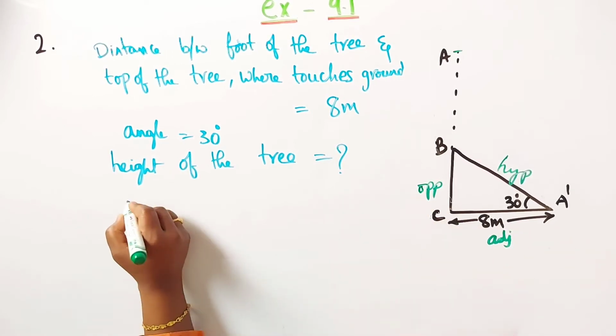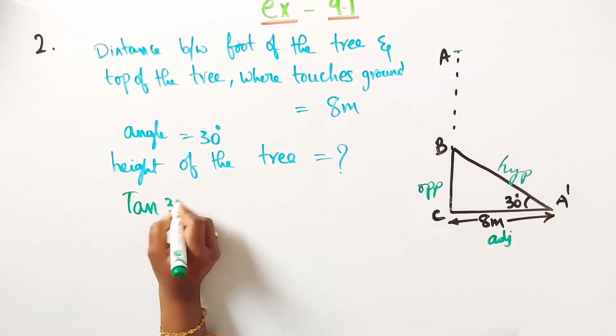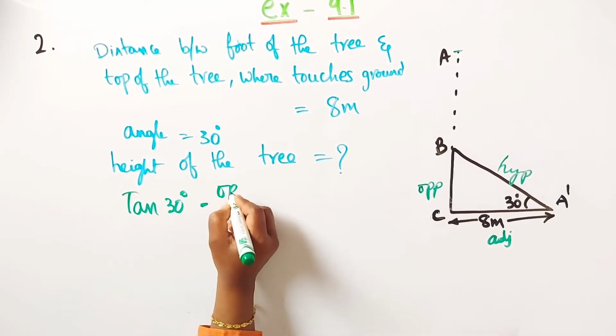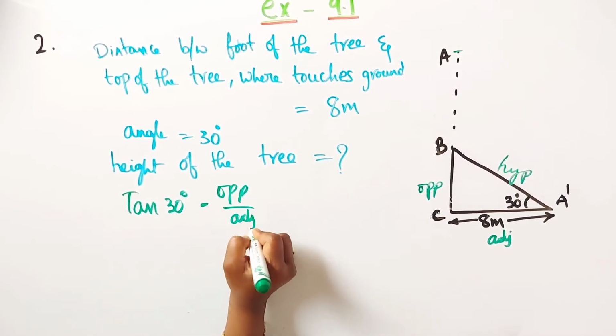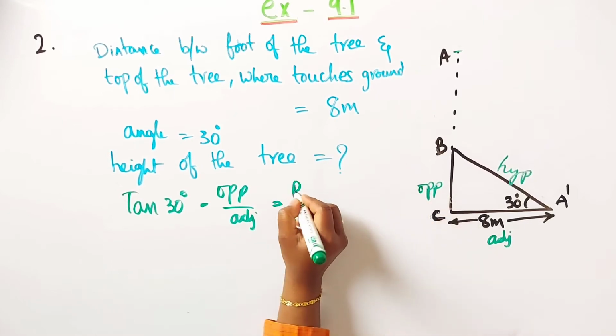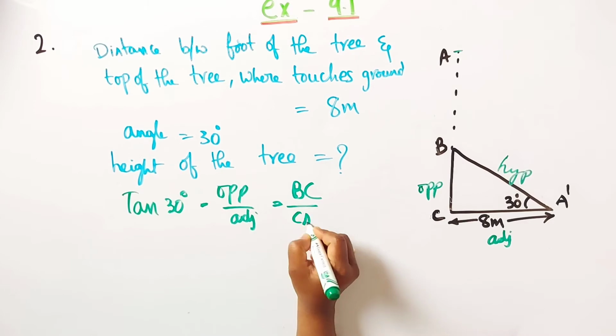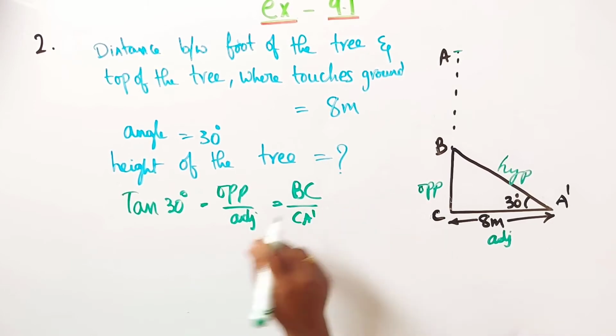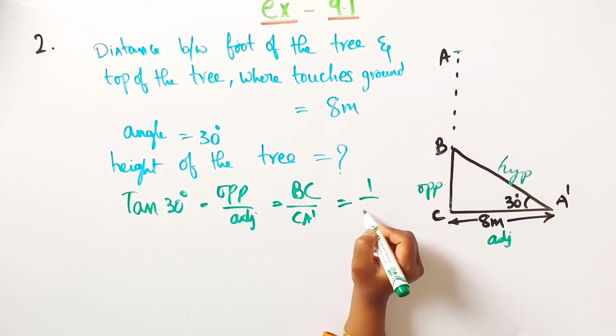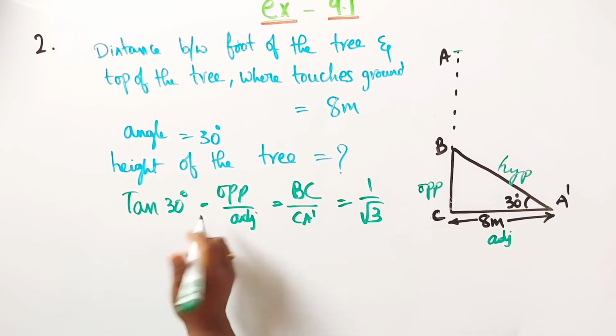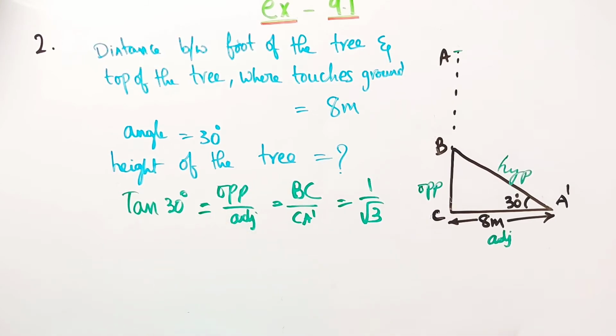Correct, children? Tan 30 is equal to opposite by adjacent. Opposite is BC divided by adjacent CA dash. Right, children? Tan 30, you know, is 1 by root 3.